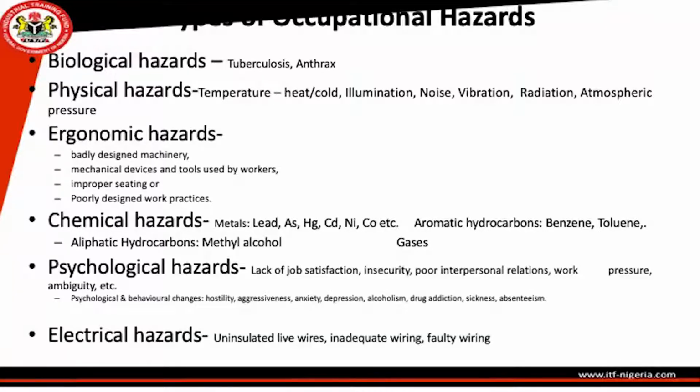We have physical hazards. These are hazards that are very germane in most environments. This could be as a result of illumination. If illumination is too much, even where I am standing now, I will be a bit disturbed. If the noise is too much for me, definitely I will be a bit disturbed. If there is a little bit of vibration, my balance will be at risk.